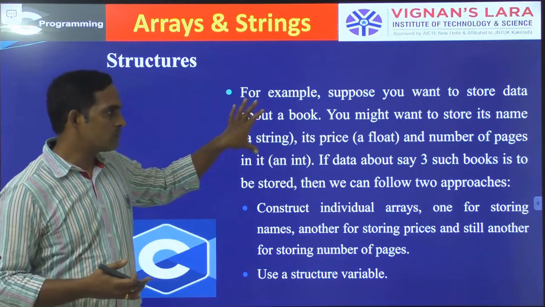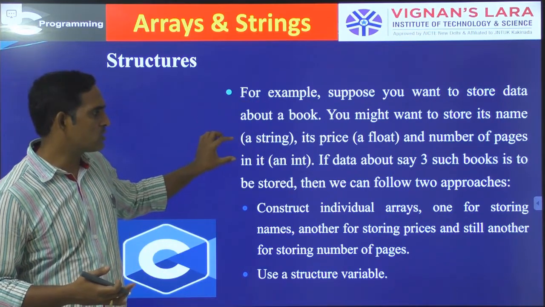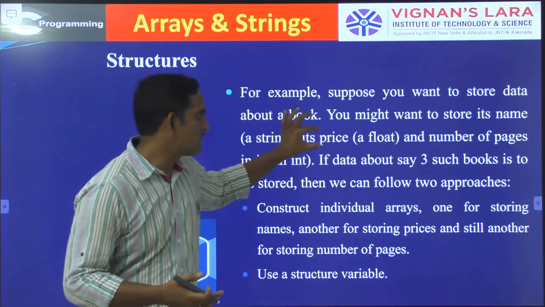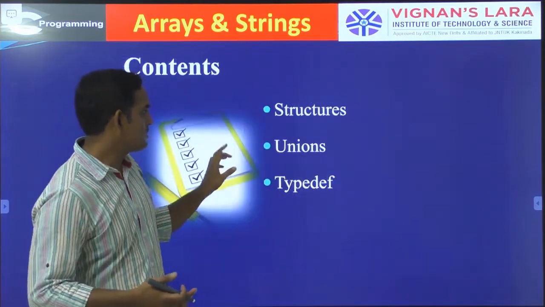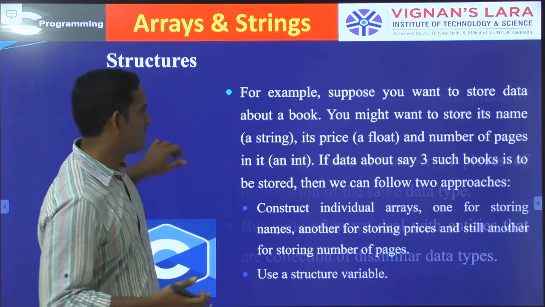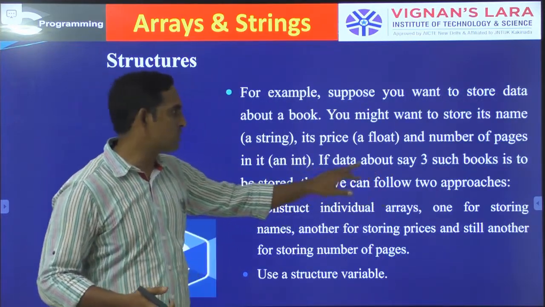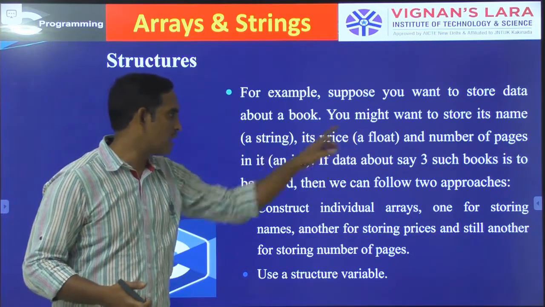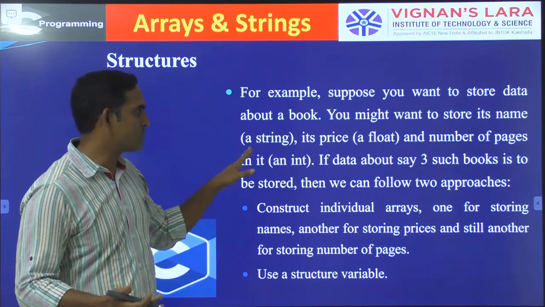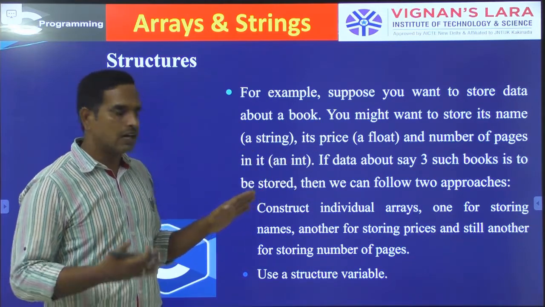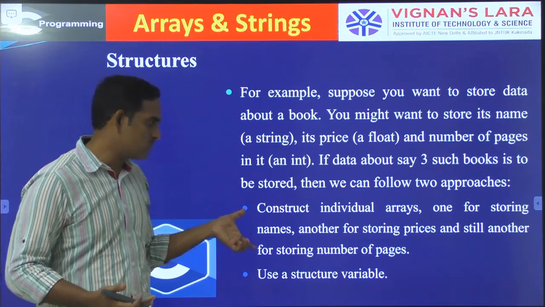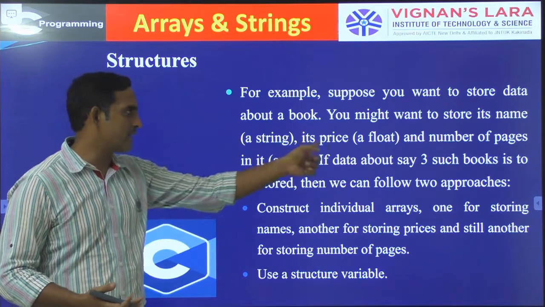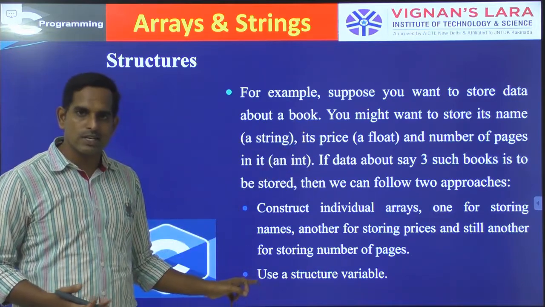So if you want to store 3 books' information, and each book has a name, price and pages, which are of different data types, that is string, float and int, at that time you can implement it either by using individual arrays to store the individual elements, that is name, price and pages, or you can use the structure variable.